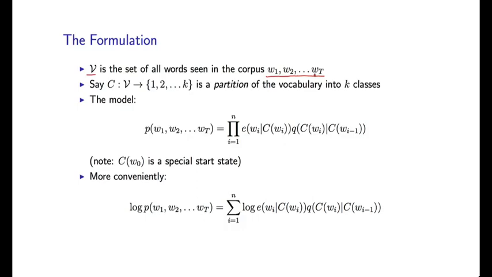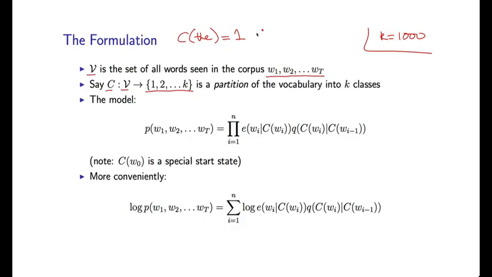And the output of the Brown clustering model for now is going to be a clustering. A clustering is a function C that maps the vocabulary to the set 1 through k. So every word in the vocabulary is going to be assigned an integer. So say k equals 1,000. We have 1,000 clusters.